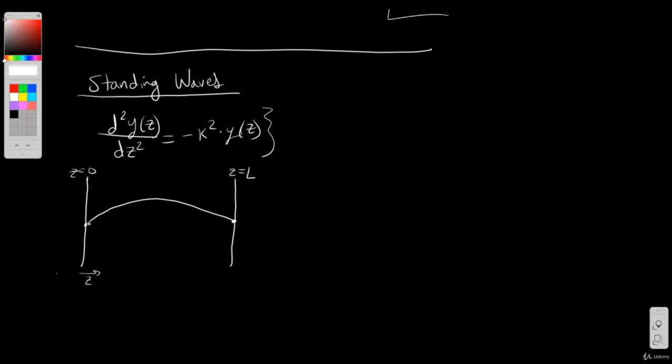And we will see that the lowest possible frequency, the lowest possible mode, if you will, will have a particular wave vector, or a particular wavelength, that corresponds to 2 times the length of this wall.